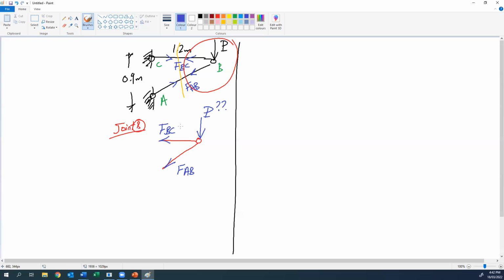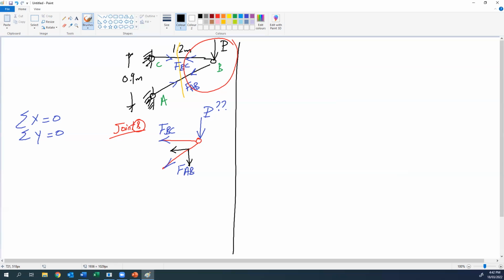How many equations do we have at joint B? Two equations, summation x equal to 0, summation y equal to 0. Okay, so to proceed in this problem, we need to get all the forces in horizontal and vertical components. So all the forces should be horizontal or vertical.